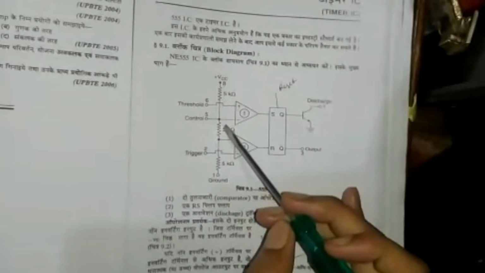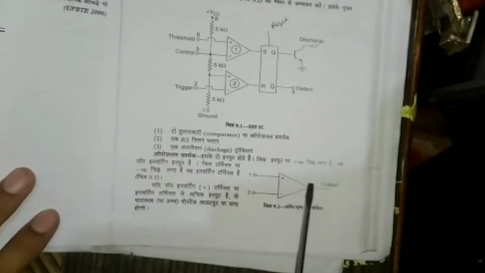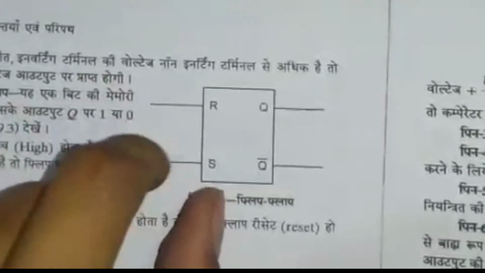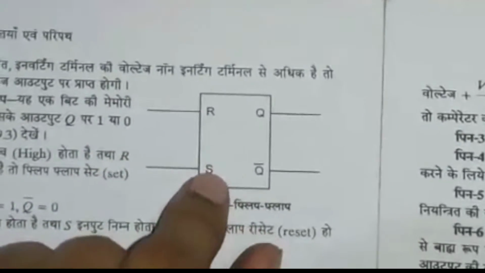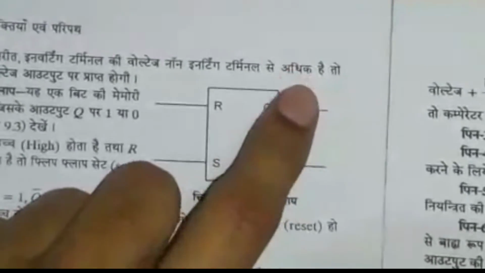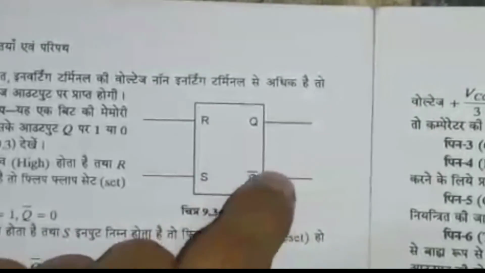This is what? This is the potential divider. Now let us see. This is an op-amp. I hope that you understand it. See the working of the RS flip-flop. If S, which means set, is given 1, then what will happen? Then Q will become 1 and Q bar will become 0. Why?